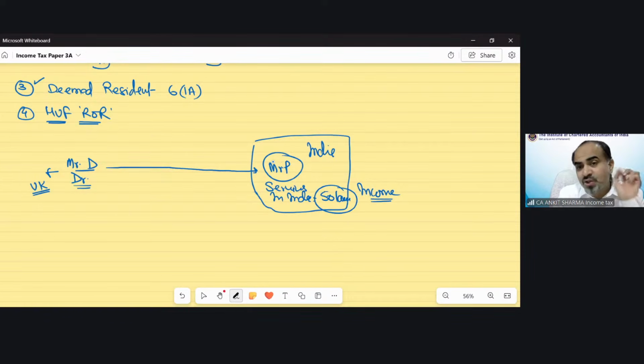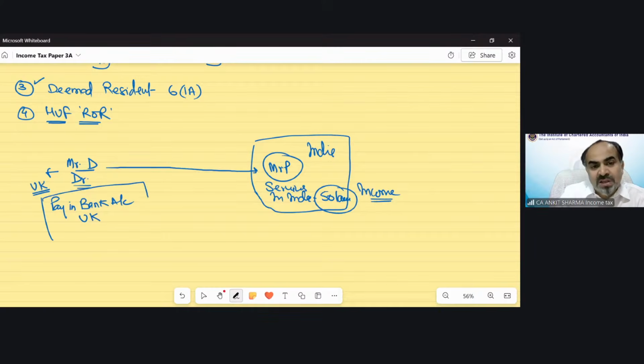But the condition he applied was that I will charge 50 lakh rupees, but you have to pay this 50 lakh rupees into my bank account, which is in UK. So this 50 lakh rupees is going to be received by Mr. D in UK.